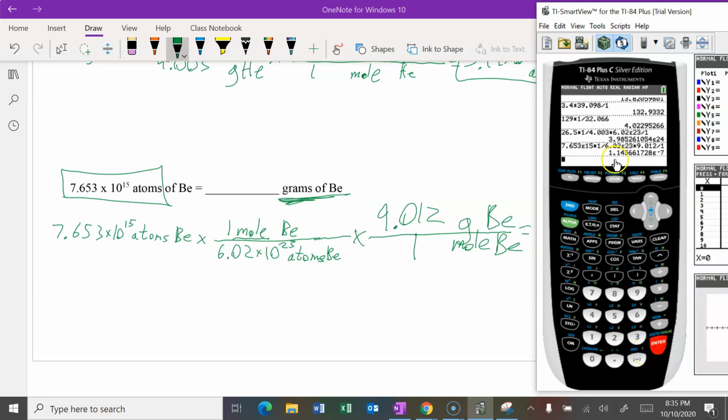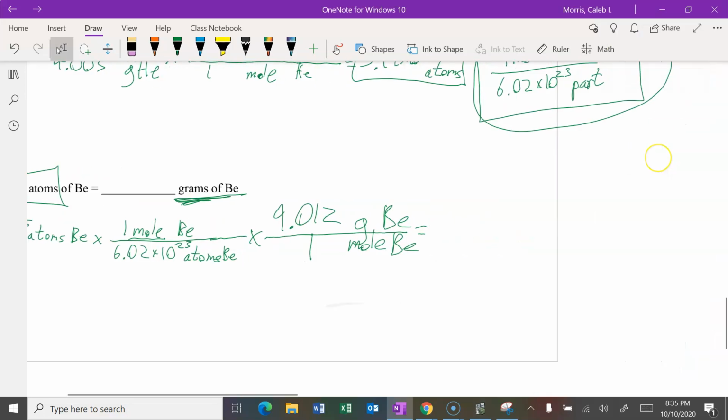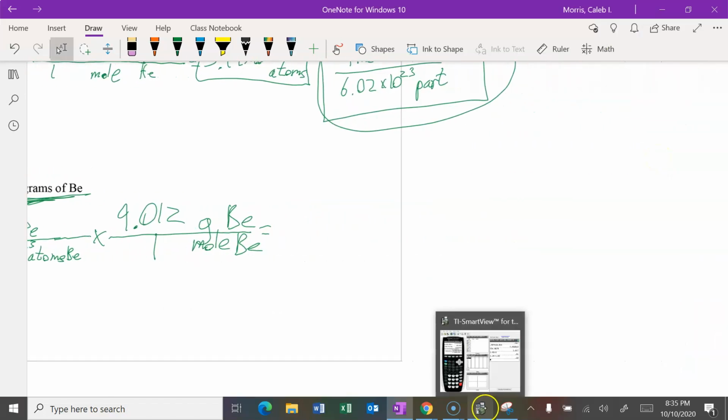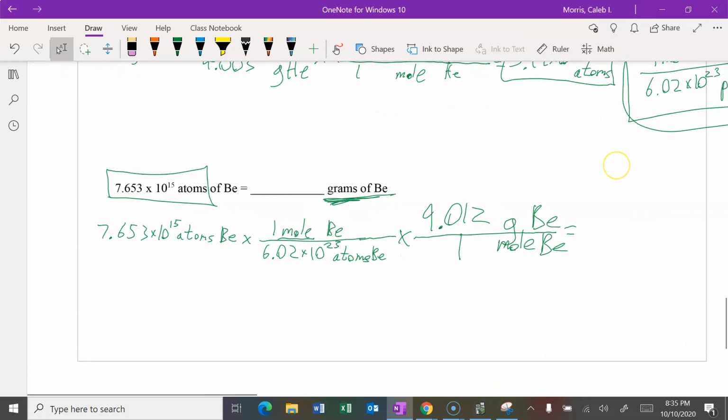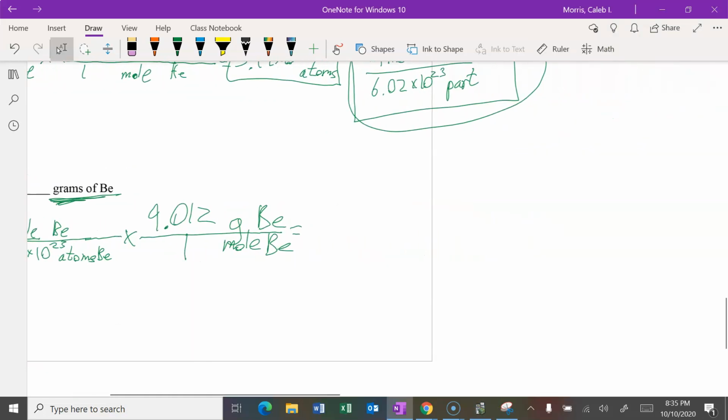Alright, I get 1.14566 blah blah blah. Don't forget to check the end. It's E -7. That means times 10 to the -7th. So let's scoot it over so we can write that down. Let's check our sig figs. There's 4 sig figs.